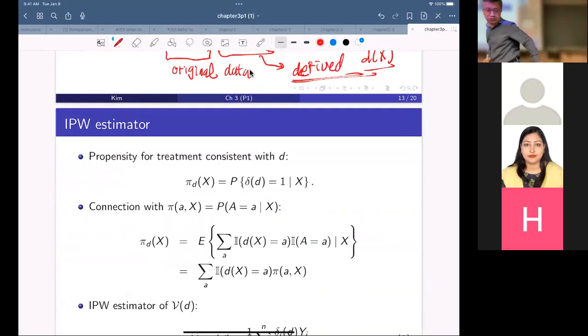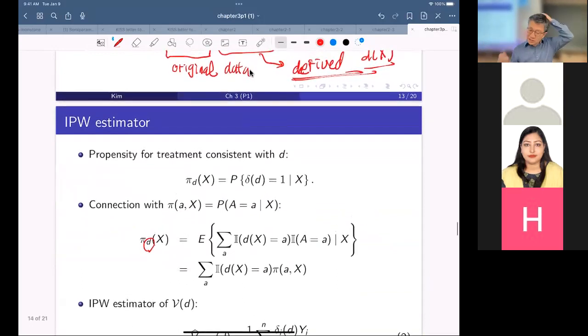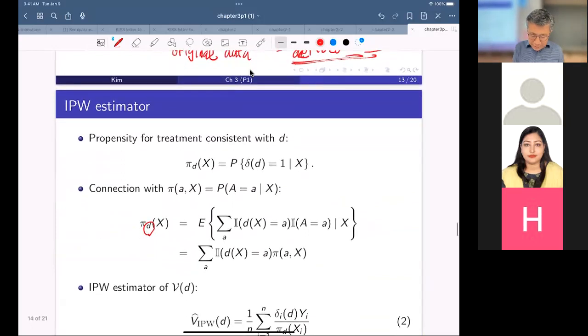That's why I use the subscript D to emphasize it is derived. So this is the event delta_i equal to 1.